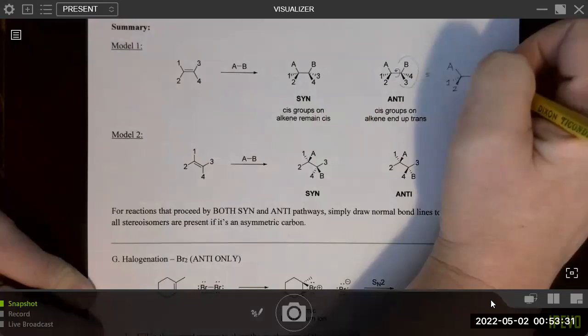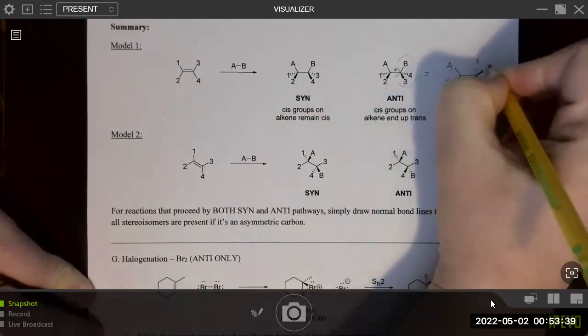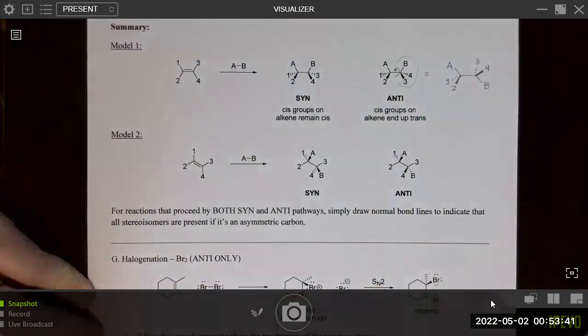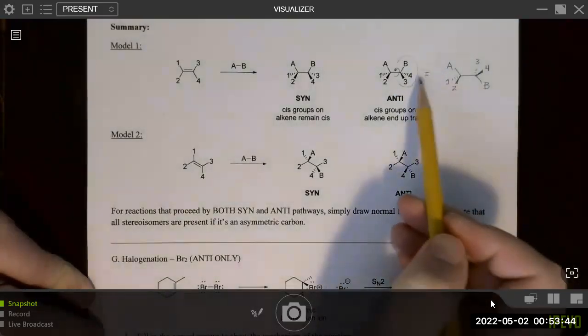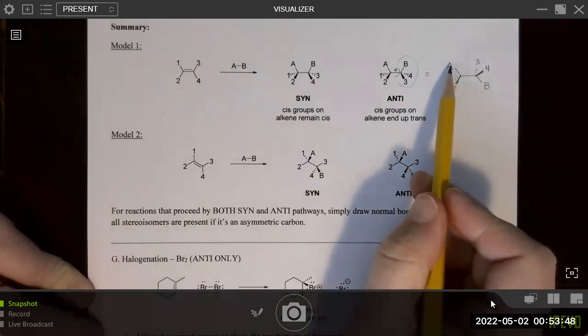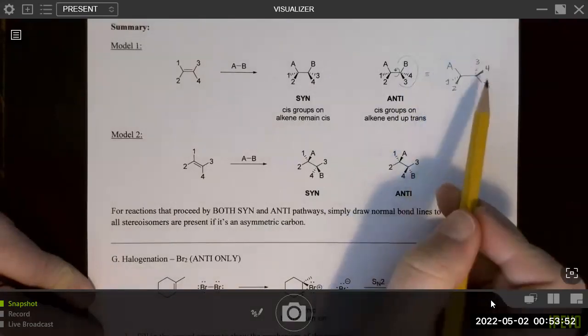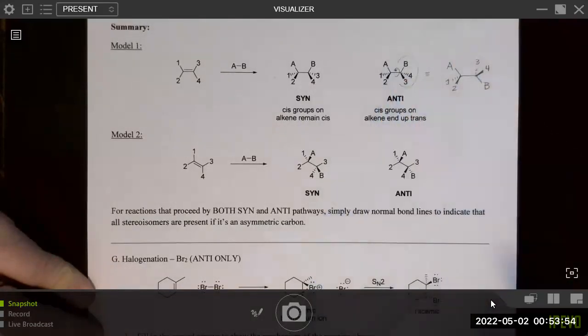So what we end up doing is switching these, and instead of 3 pointing out at you, now 3 is going to be pointed back. 4 will point out at you. Right, so this is another way of drawing the anti-addition product that might make a little more sense intuitively, because you can see A and B are opposite one another as opposed to looking like they're on the same side. But this is just 2 different ways of viewing the molecule through bond rotation.